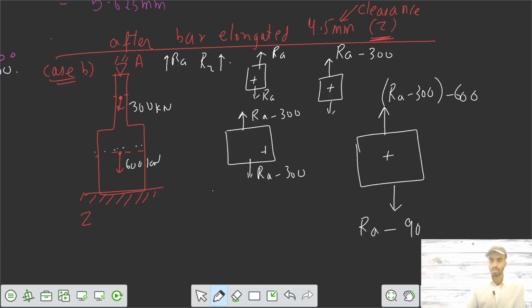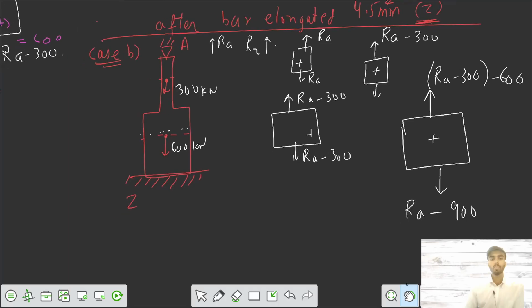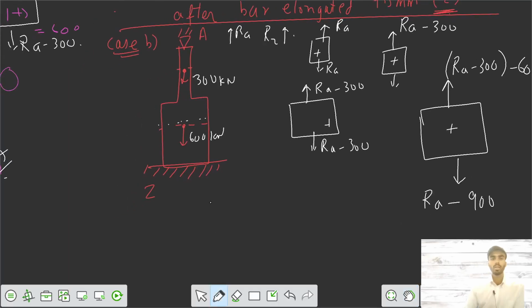RA minus 900. So we can apply the compatibility condition now, because the support unknowns are 2 and you have only summation Fy equals 0, because RA plus RZ comes out to be 900. You have 2 unknowns, so we use the compatibility condition.